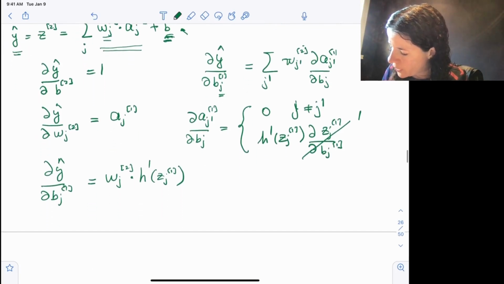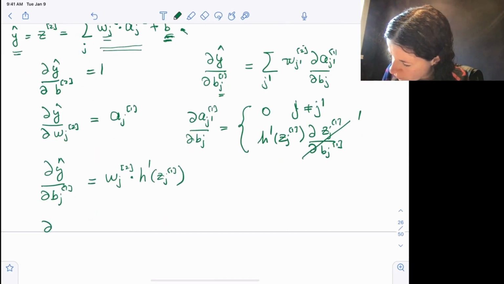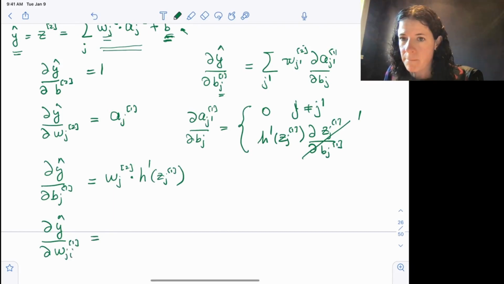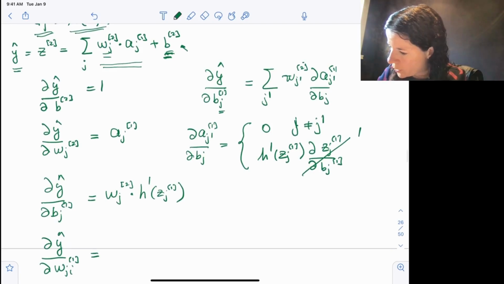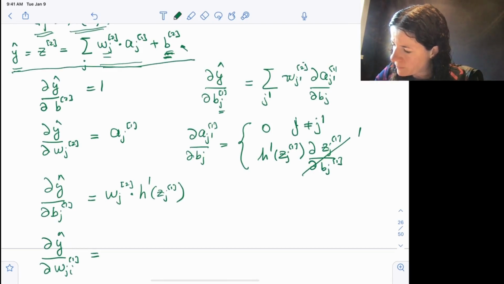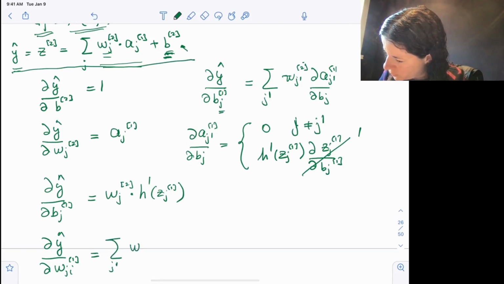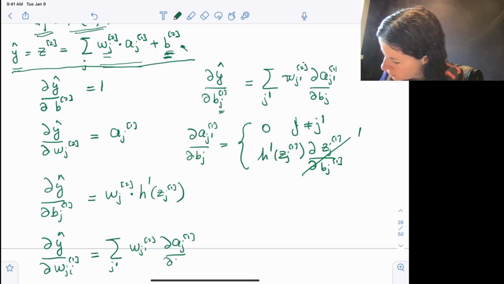So finally, what we have to do right now is the most difficult one, which is dŷ/dw_ji^(1). Here we have the same thing. We have this equation for ŷ, so we are summing over some j prime of w_j'^(2) times da_j'^(1)/dw_ji, and there is a prime here.